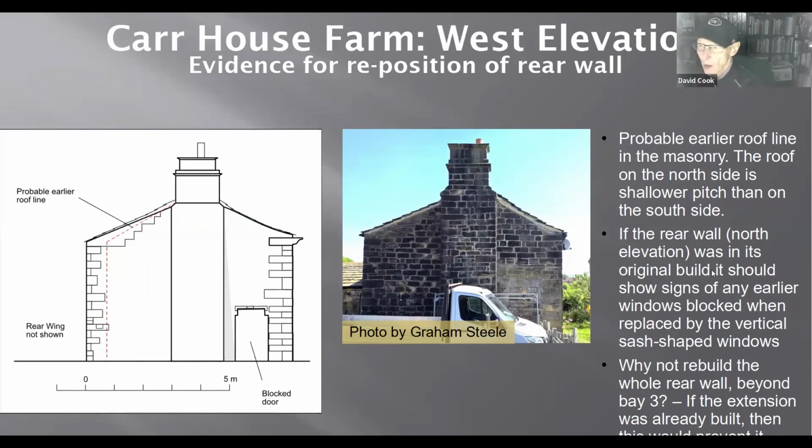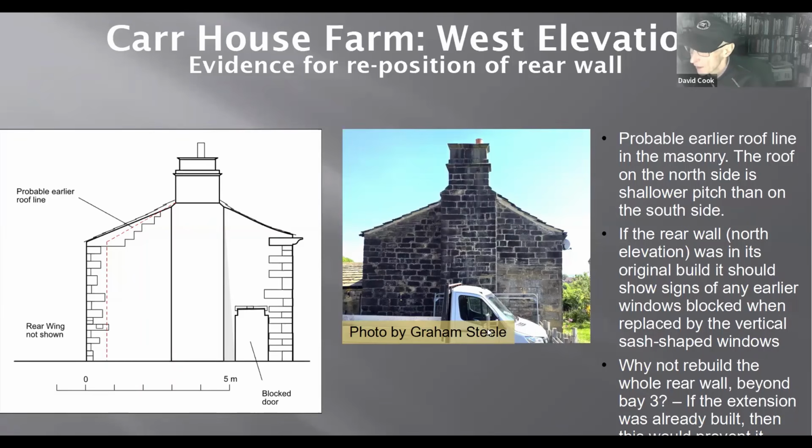And if the rear wall, north elevation, was in its original build, it should show signs of any earlier windows blocked when replaced by the vertical sash-shaped windows. But there's nothing there. So this wall running along here, I'm proposing isn't the original wall.